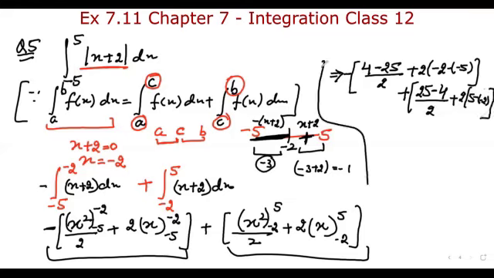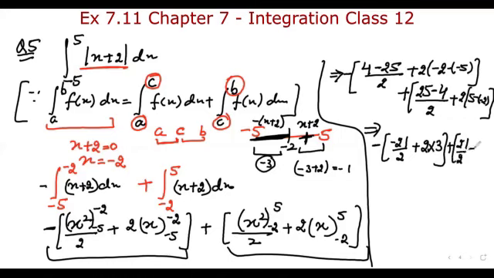Now on solving, this value will be minus 4 minus 25 is minus 21 upon 2, plus 2 into minus 2 plus 5, it will be 3, plus 3. Then plus, this is 21 upon 2. 5 plus 2 is 7, 7 into 2 is 14.